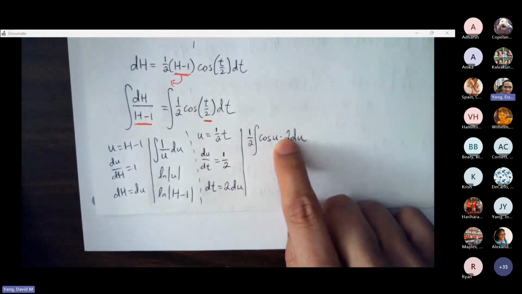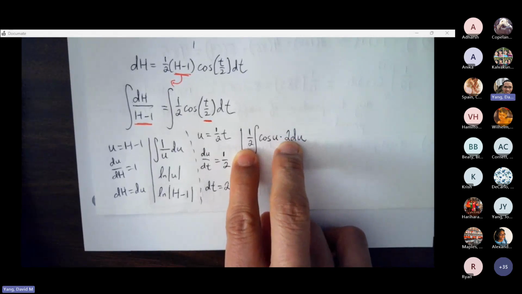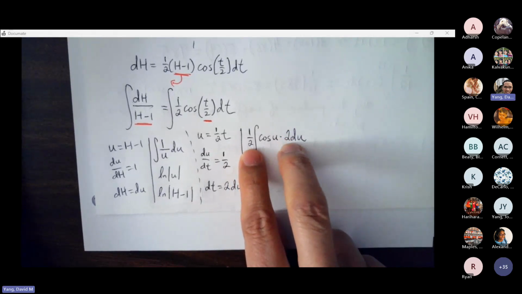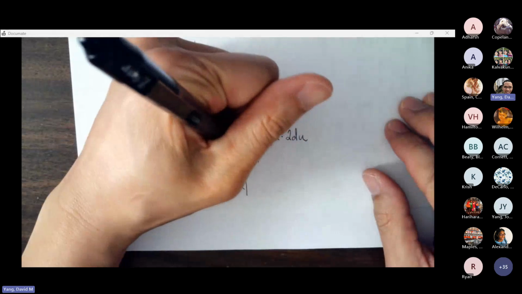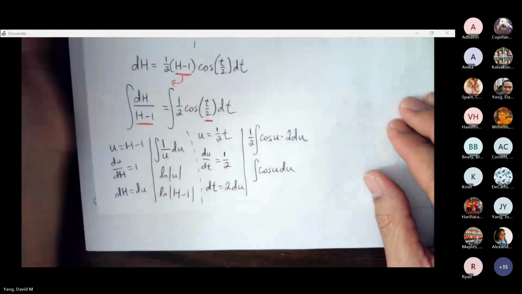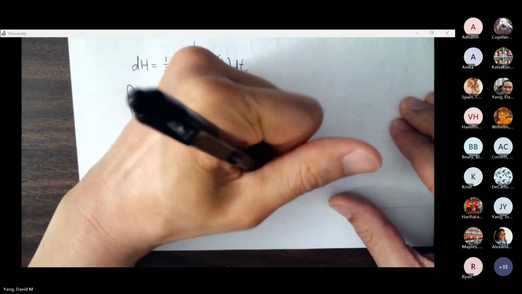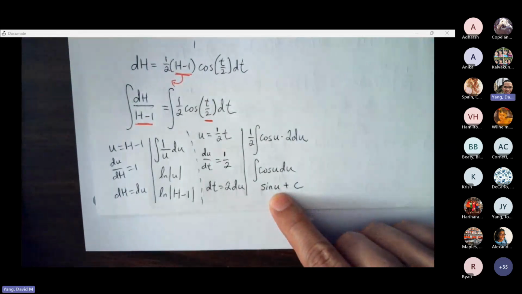And it looks like that leftover coefficient is just going to cancel out with the 1/2 that's already there. So the 1/2 and 2 will just cancel each other out. I'm just left with integral of cosine of u. And we know cosine turns into sine. And then replace the u back in terms of t.